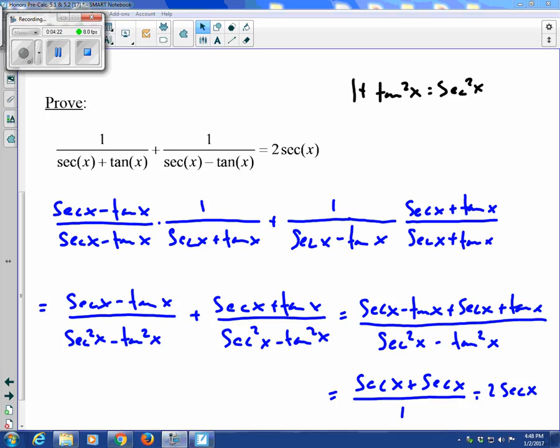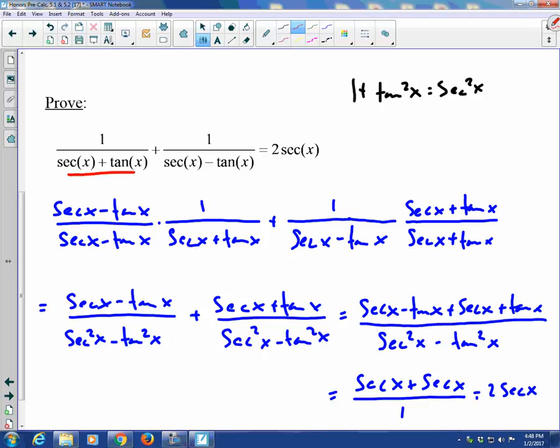All right, guys, so let's take a quick look at this. Right here, we multiply by the conjugate of the denominator over itself with both of our two terms. So we're multiplying our first term by secant x minus tan x over secant x minus tan x. And our second term, we're multiplying by secant x plus tan x over secant x plus tan x.